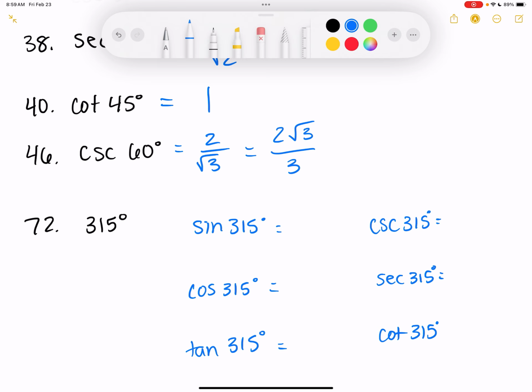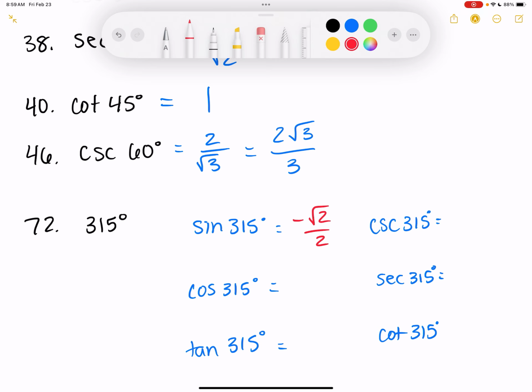Negative root 2 over 2. Okay, so 315 is here, so negative root 2 over 2 is sine.